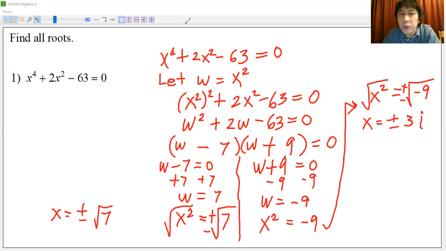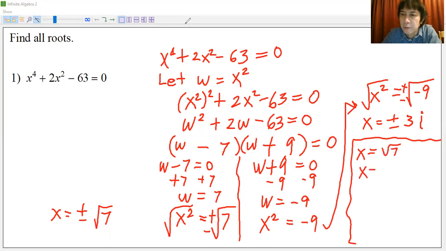So we have the roots. Okay. So the roots are, all right, we have square root of 7, we have negative square root of 7, we have 3i and negative 3i there. Okay, these are the answers. Let us check and verify.